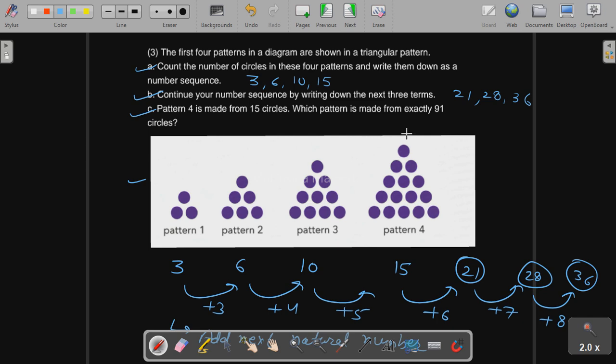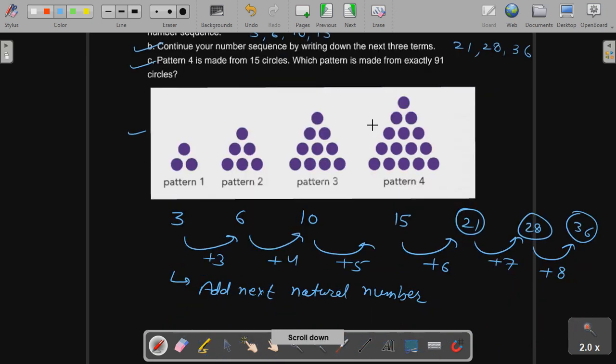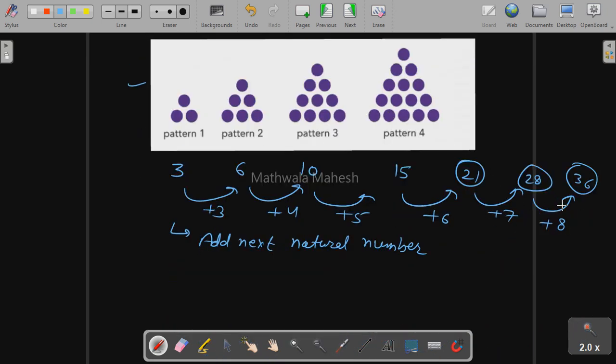C option. Pattern 4 is made from 15 circles. Which pattern is made from exactly 91? Okay, for 91, we have to add the next numbers. Our number sequence is 3, 6, 10, 15, 21, 28, 36. If I add plus 9 to 36, I will get 45.